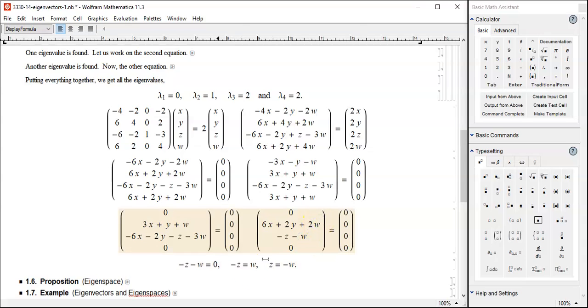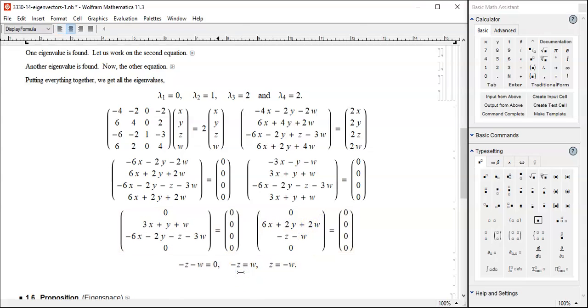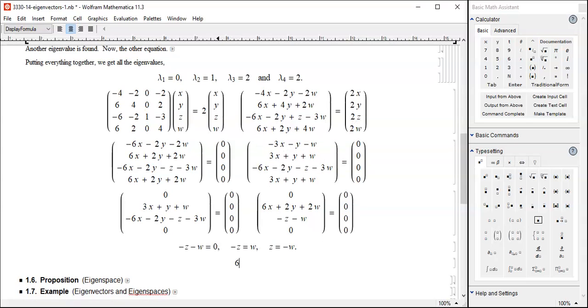And plug it into the second line. 6x plus 2y plus 2w equal to 0.